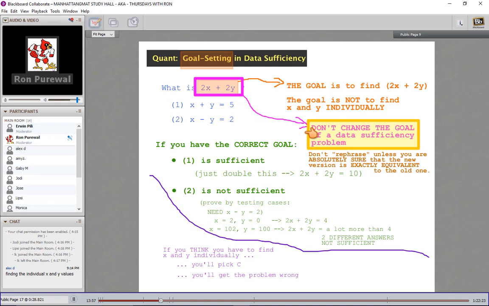Are there any choices that you guys suspect are just not going to be the right choice to these problems? Does anybody know where I'm going with that?